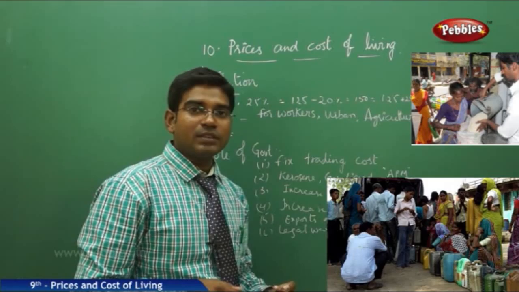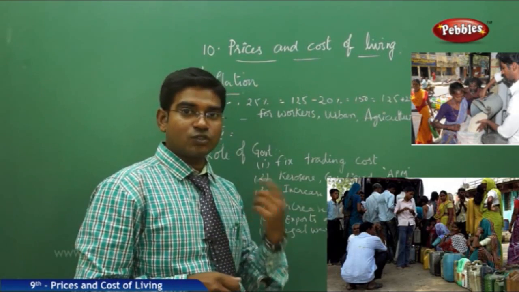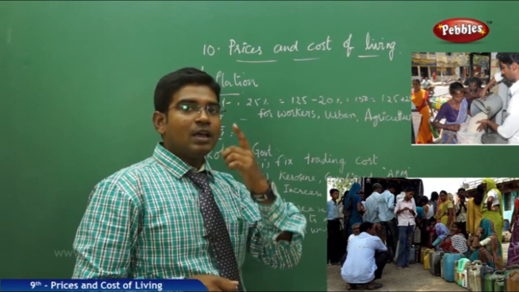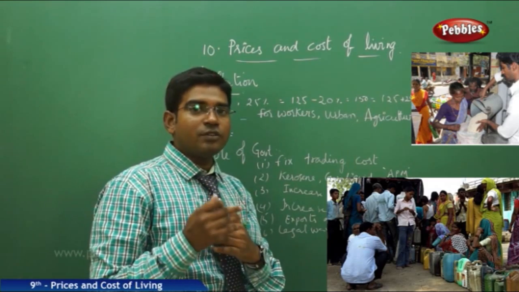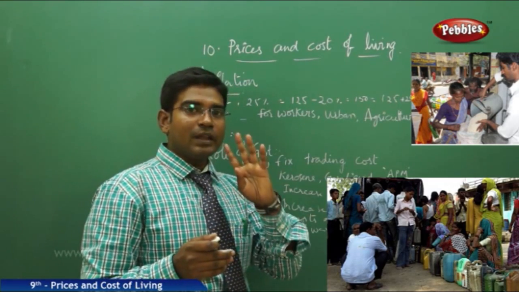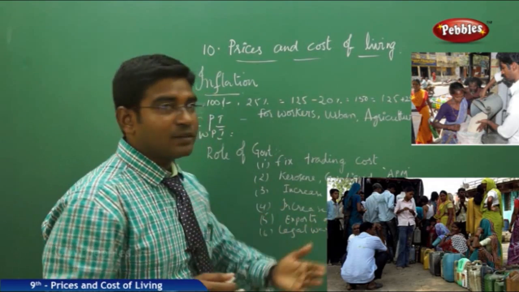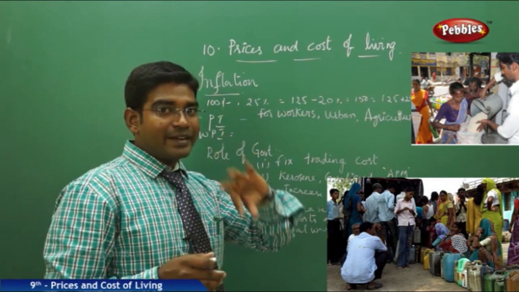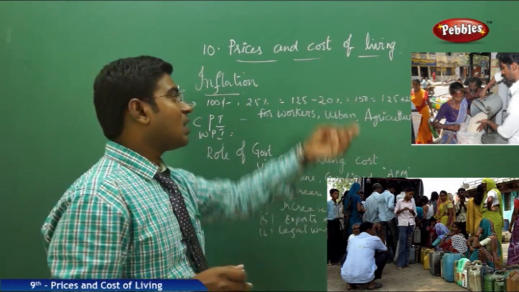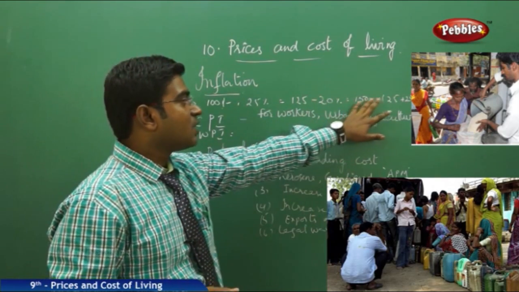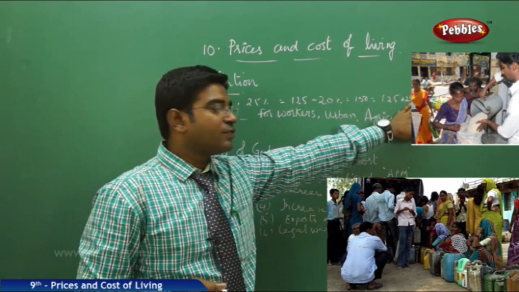The very next month, if it goes up by 20% extra, from 125 it gets 25 extra and leads to 150, that is 125 plus 25 is equal to 150.